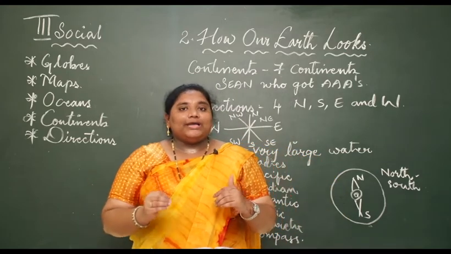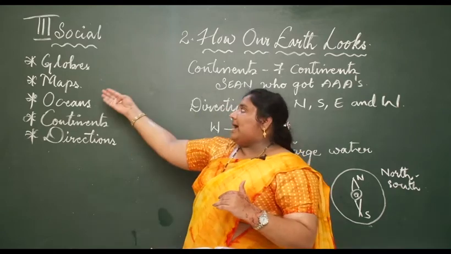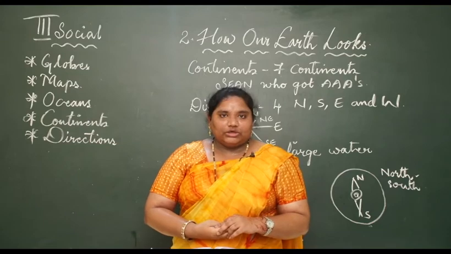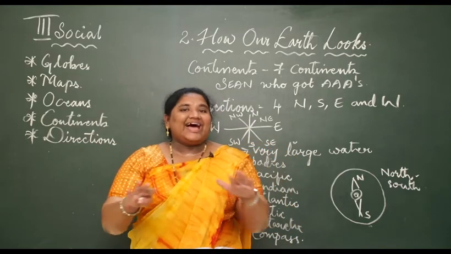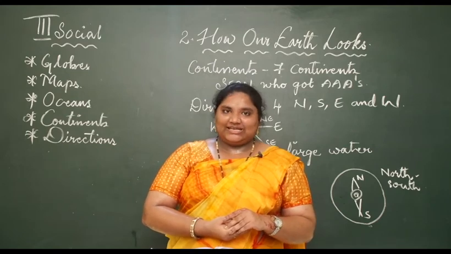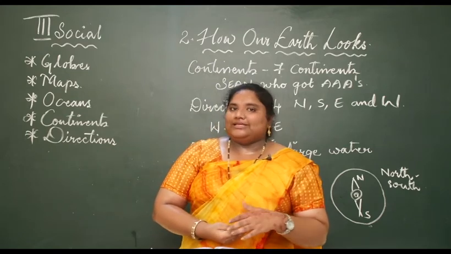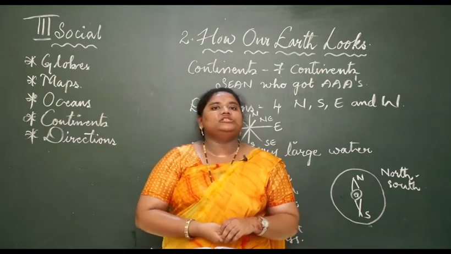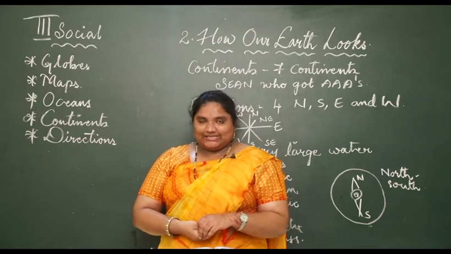So that is why we made maps, which are drawings of the earth or a part of it on a flat surface, where we use colors and symbols to represent areas, land masses or water bodies. They are called maps. The book of maps is called an atlas.